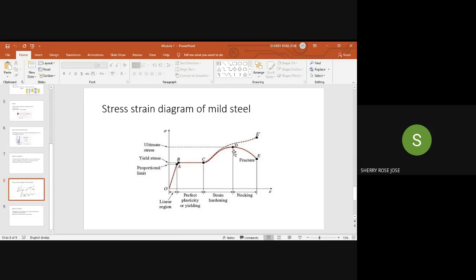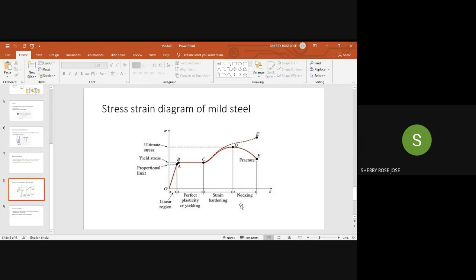After the ultimate point, when the body reaches its maximum capacity and is loaded beyond it, the body takes decreasing loads until it breaks off. That portion from D to E is termed necking.